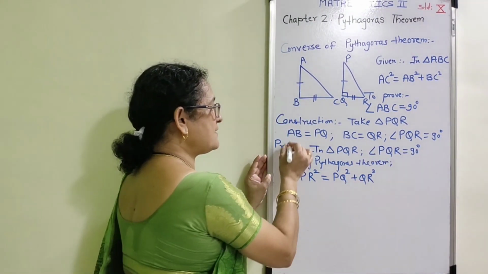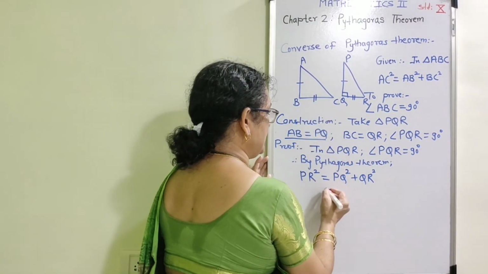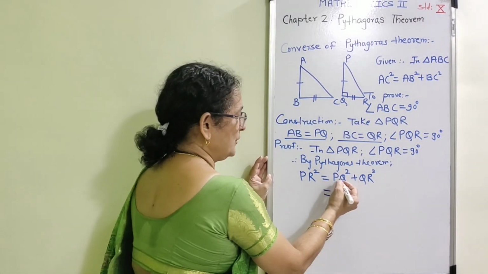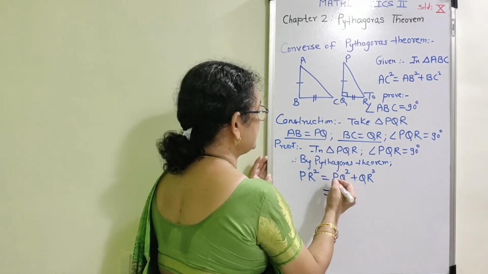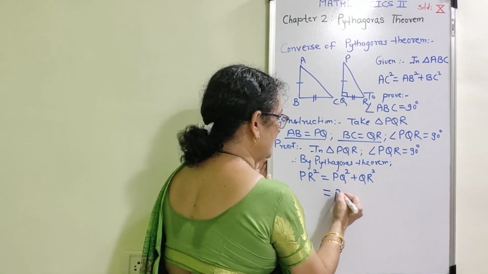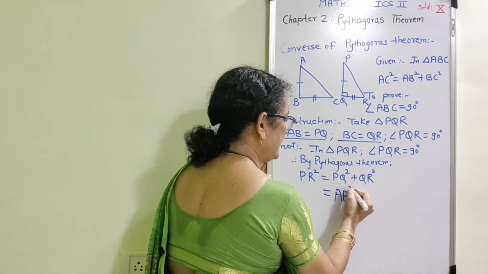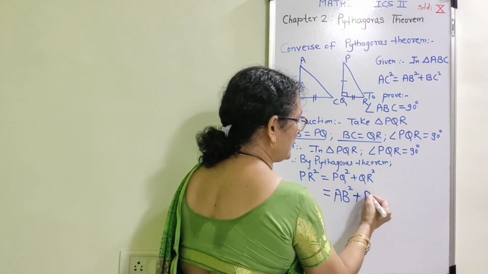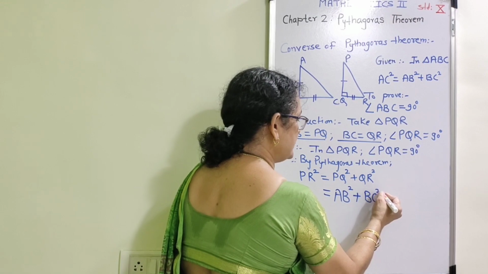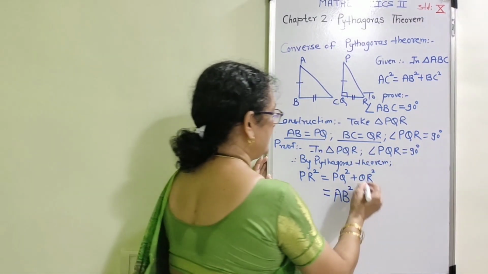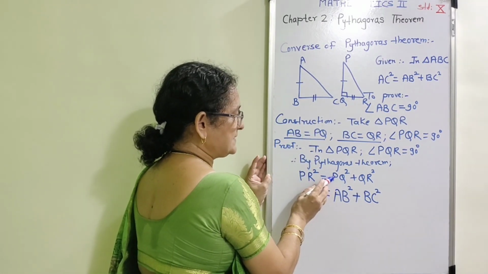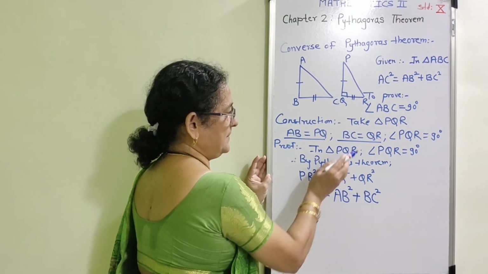Now, since in the construction they have given AB is equal to PQ and BC is equal to QR, I am going to substitute those sides, that instead of PQ, I am going to write AB and therefore it is equal to AB square. Instead of QR, I am going to write BC and that's why it is equal to BC square.